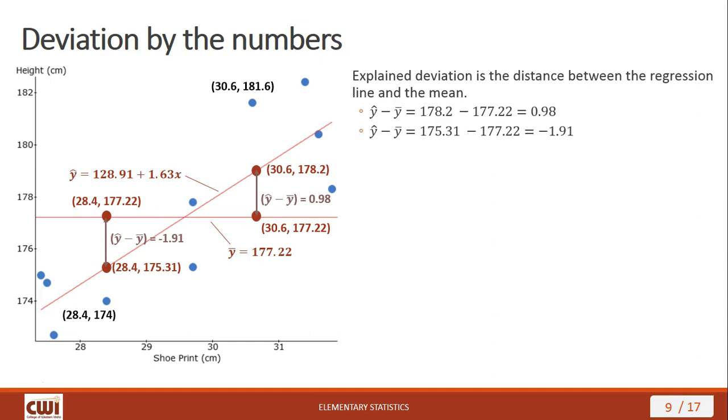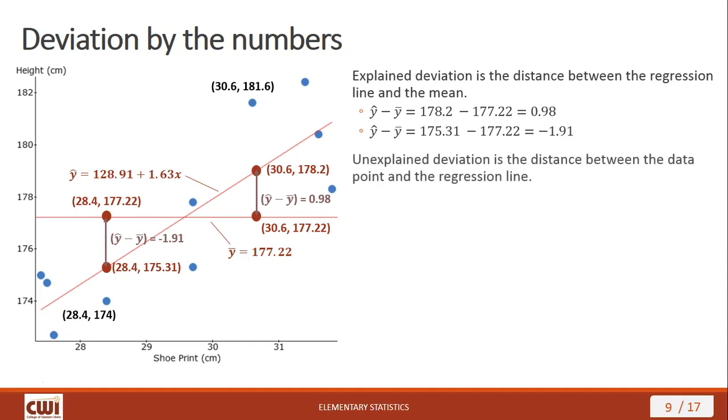Remember, positive deviation means your data point is above the regression line. Negative means it's below the regression line. Now we've got unexplained deviation. Let's calculate the unexplained deviation. So unexplained deviation is the distance between the data point and the regression line.